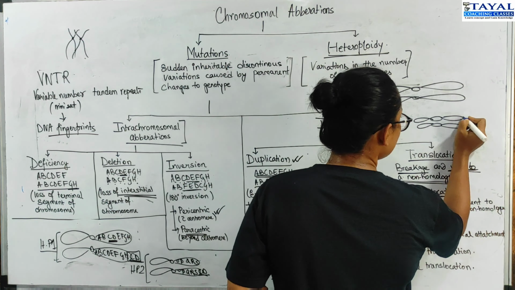That's a simple translocation. But in shift translocation, the same thing will happen, but now the break will come and attach itself here. Let's say first attachment will be here and then the original part. So if it is an interstitial attachment, we call it shift translocation. If it is an end attachment, we call it a simple translocation of the segment.